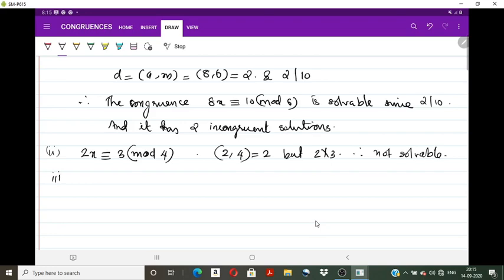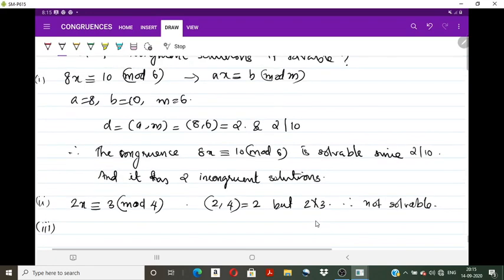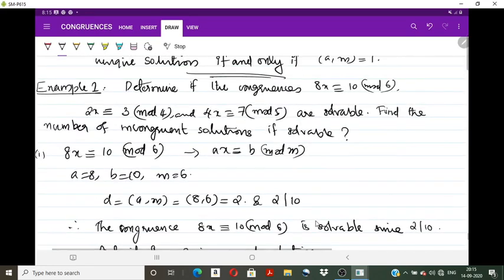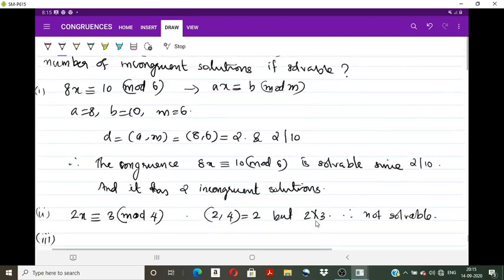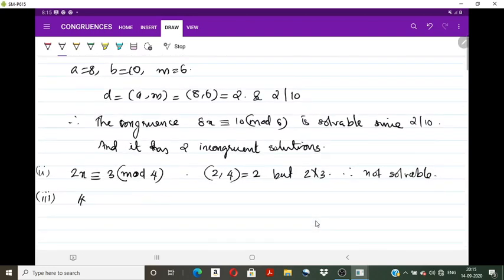Now the third one is 4x congruent to 7 modulo 5. GCD of 4, 5 is equal to 1, and 1 divides all integers, so 1 divides 7.